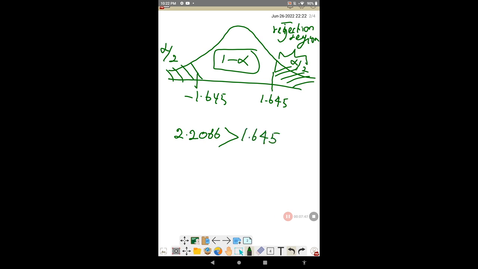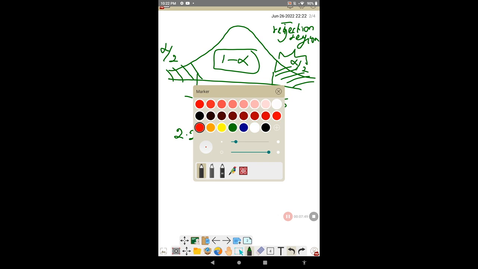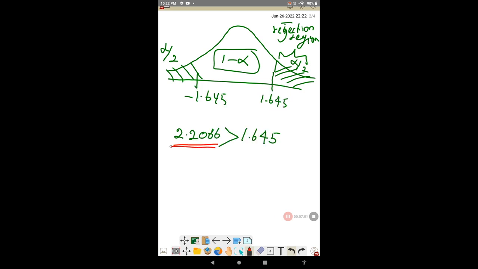It means that this value is in the rejection region, 2.2086 in the rejection region, kind of here. So it means that we have to reject the null hypothesis. Reject the null.